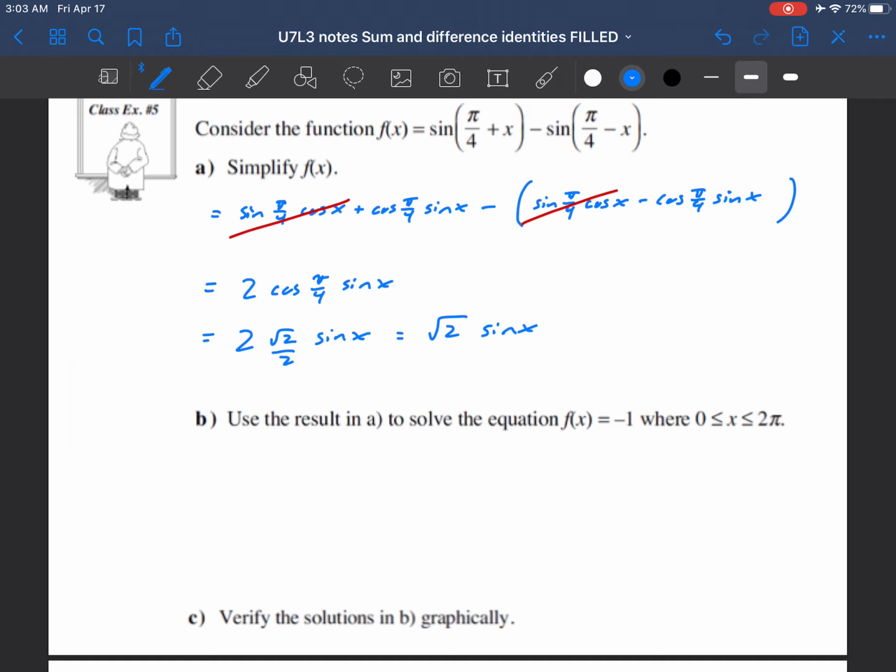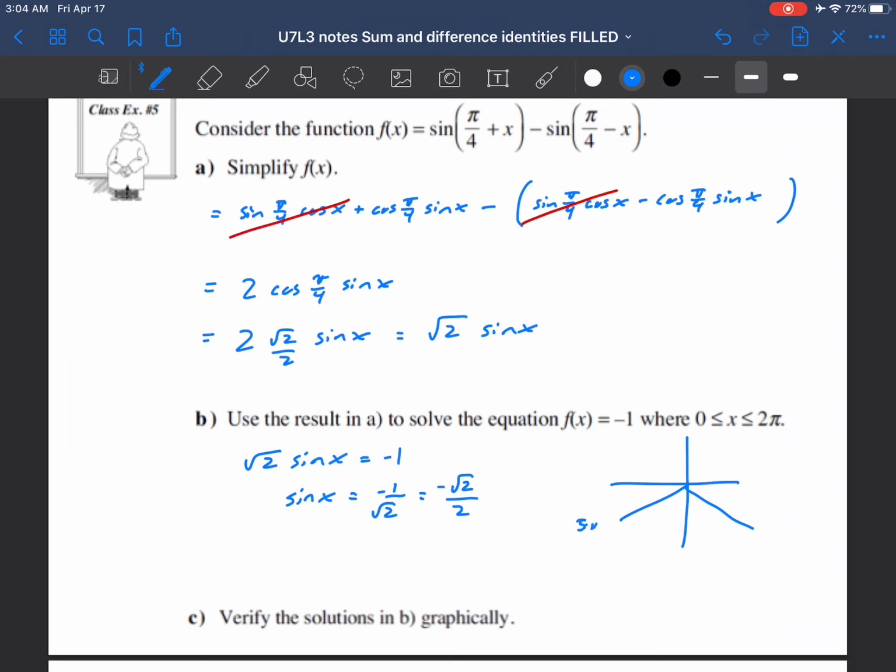So this feels like an old IB question. We could say that root 2 sine x is equal to -1, which means sine x is -1 over root 2, which is really the same thing as -root 2 over 2. And now I'm thinking pi over 4 intervals, right? So if I want sine x to be negative root 2 over 2, I've got to be in quadrant 3 or quadrant 4.